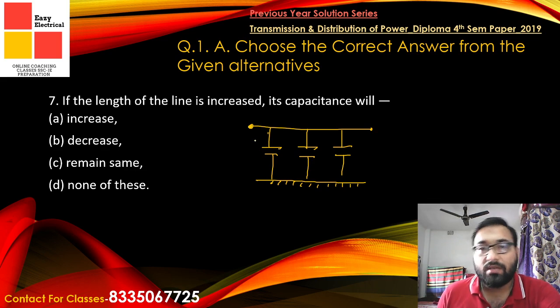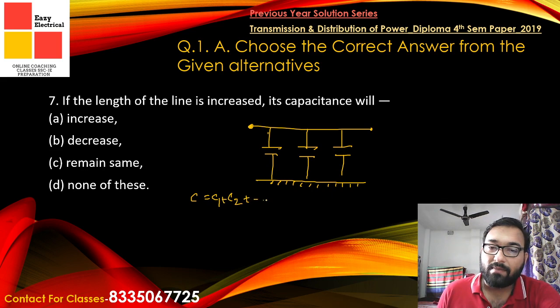If we increase the length of the line, the number of parallel capacitors will increase. And we know that if two capacitors are connected in parallel, we add them up, so the capacitance values will increase. So if the length increases, the capacitances get added up and the total value ultimately increases.